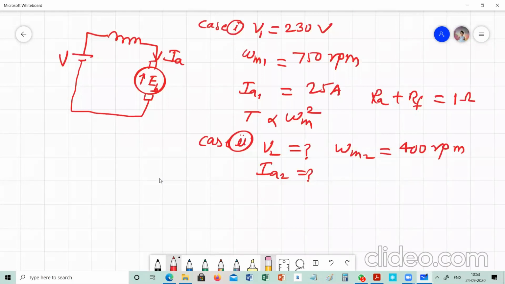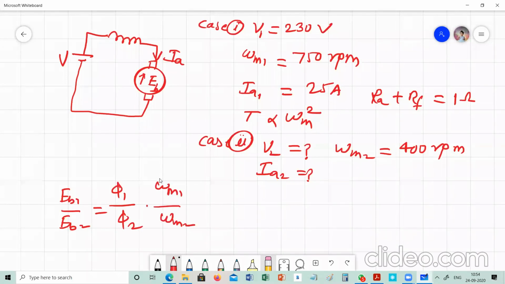We will use the equation EB1 by EB2 is equal to phi1 by phi2 into omega m1 by omega m2.